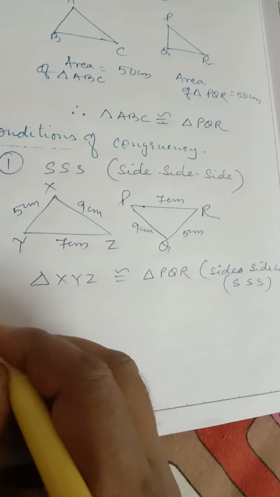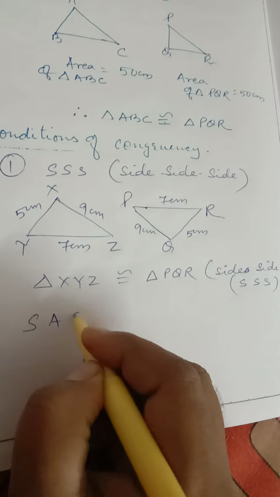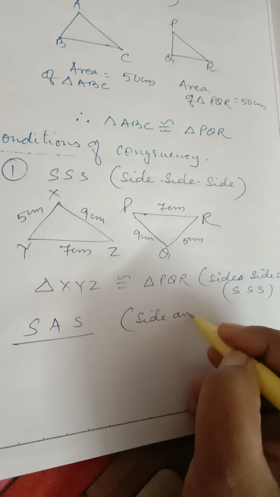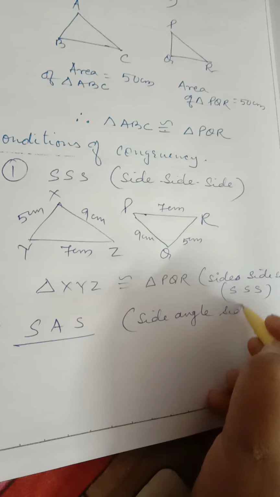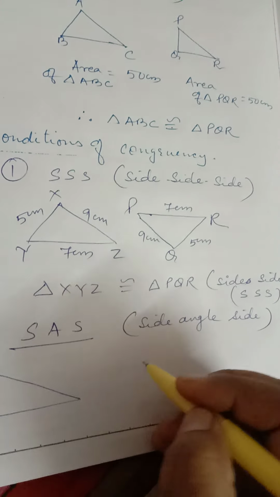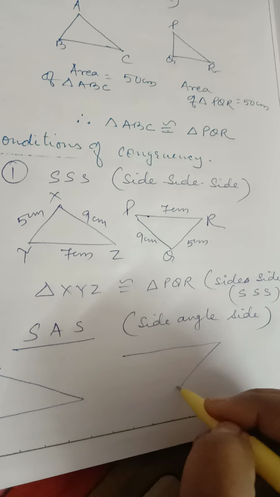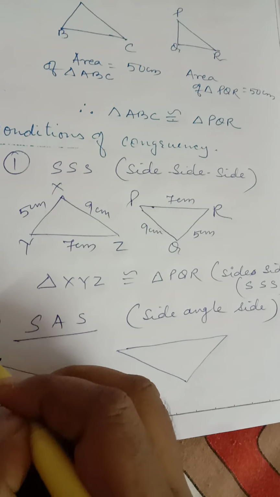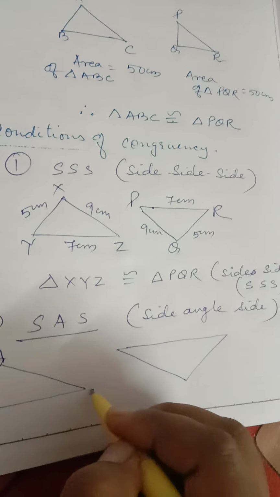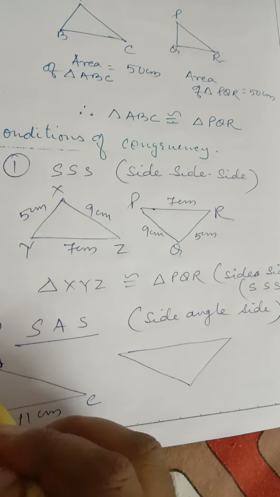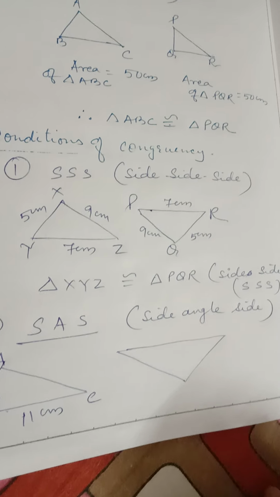Second is SAS, side, angle, side. Now you have two triangles. Maybe this side is 5 centimeter, A, B, C, and this side is 11 centimeter, and the angle included between these two sides at B is 60 degree.